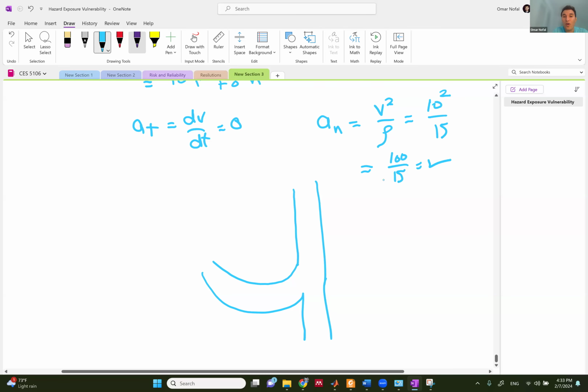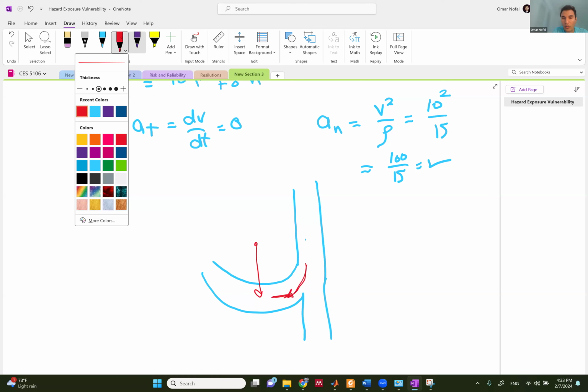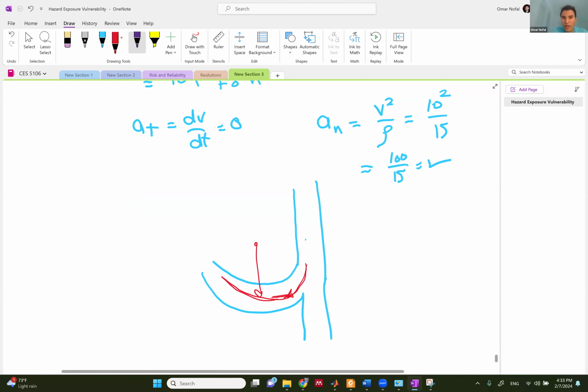Once you get into this exit, all that matters is your speed and the radius of this exit. To keep yourself on this path, as you drive your car, there's always a push that you need to leave the path.